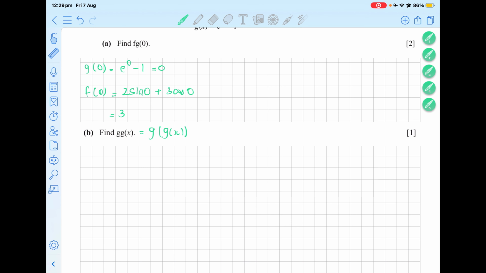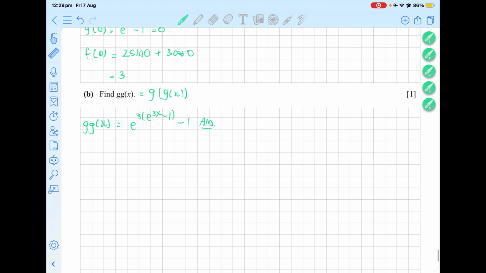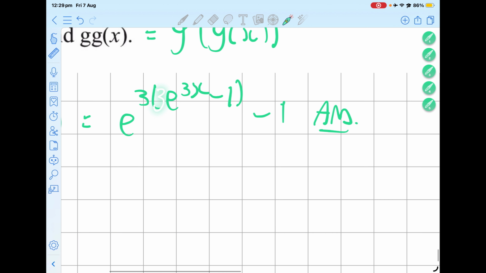So g of g of x is just e to the 3 into e to the 3x minus 1, minus 1. You could just leave it like that without expanding anything, or you could expand this to make it 3e to the x minus 3. So you could do that.